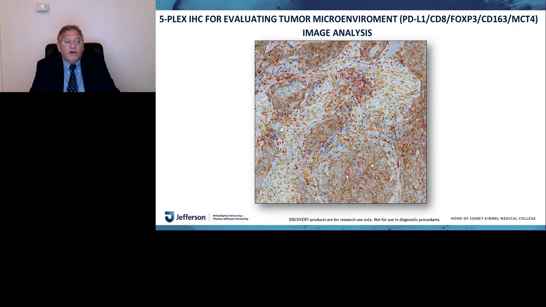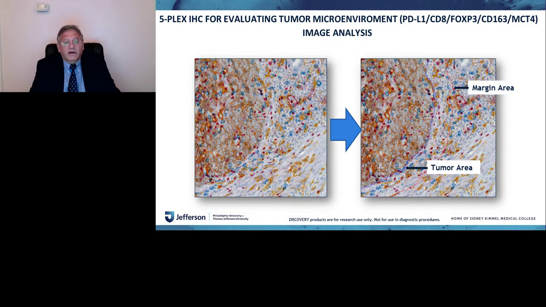This is an example of a section of squamous cell carcinoma of the head and neck that we annotate, define the tumor area, define the margin. The margin can change. I mean, this is an arbitrary measurement. You can have it at 20 microns, 50 microns, 100 microns. It's up to you what you want to investigate.